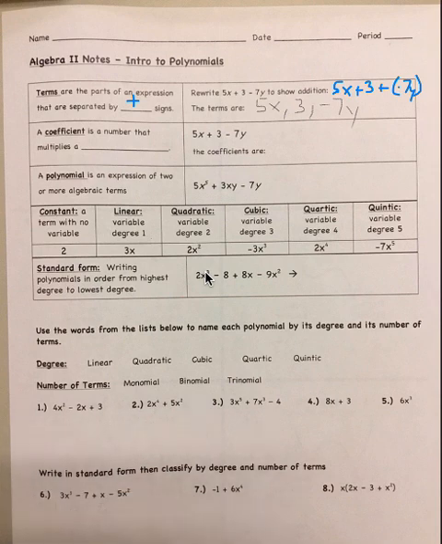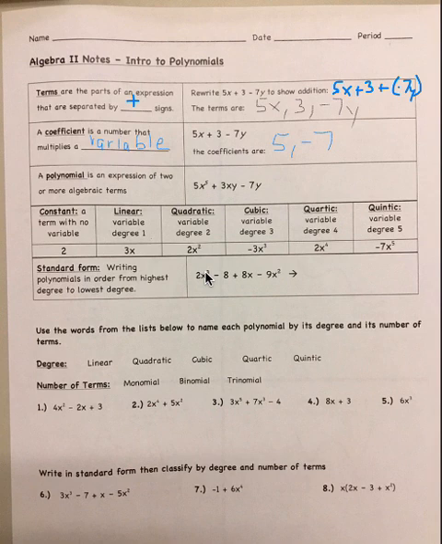Okay, so a coefficient is a number that multiplies a variable. And so when we have the same three terms, 5x plus 3 and negative 7y, the only ones that are actually coefficients are 5 and negative 7.